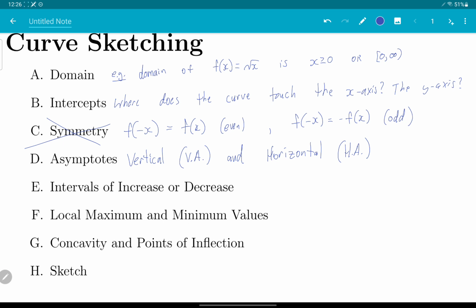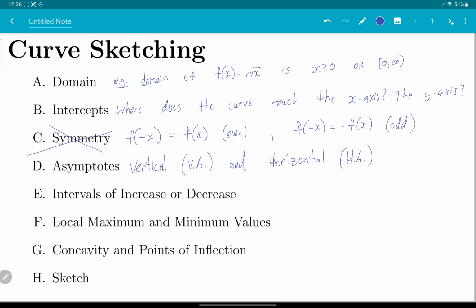Intervals of increase and decrease. We just talked about that, so I won't belabor that point. It's obviously important to find out when your function is increasing, when it's decreasing. You also want to know where the local maxes are and the local mins are. You want to know when it's concave up. You want to know when it's concave down.